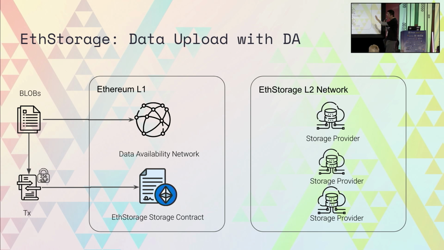Now with data availability, we will have a new object called blobs. Blobs are defined in EIP 4844, also called proto-danksharding. And blobs will have a hash that is put into the transaction, which is able to be accessed by the contract. However, the blob itself is only available to the data availability network.